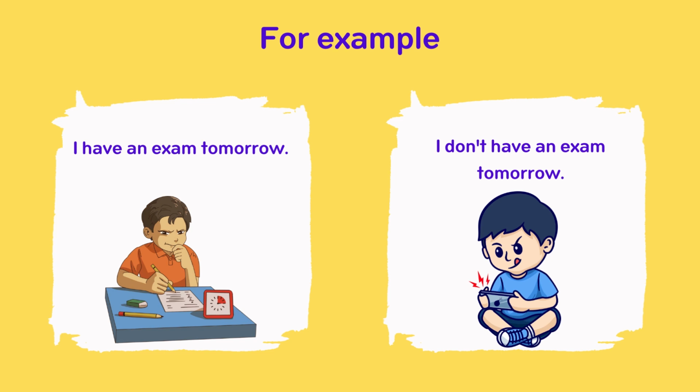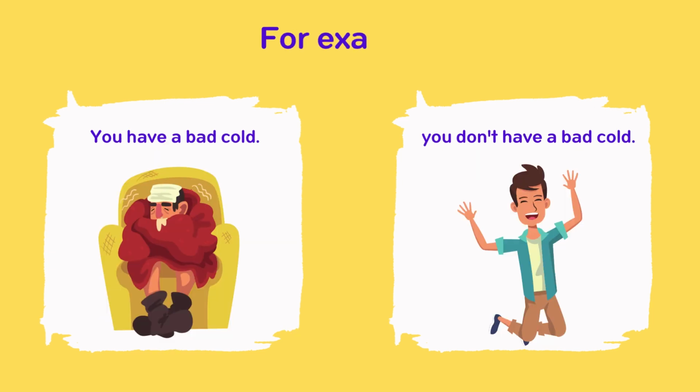I don't have an exam tomorrow. Easy peasy, piece of cake, and it's done. Let's take a look at our next example. You have a bad cold. Simply, we add don't or doesn't before our verb. You don't have a bad cold.